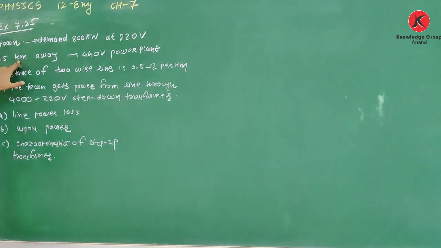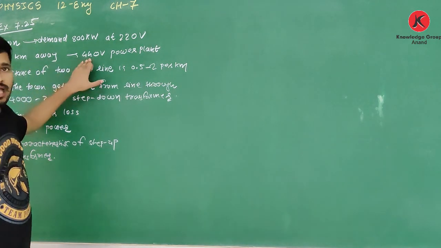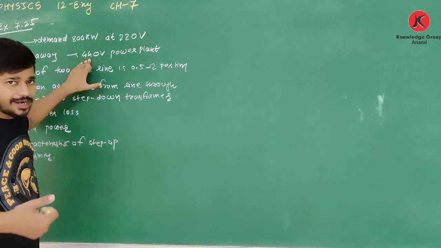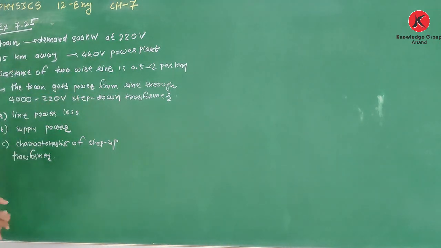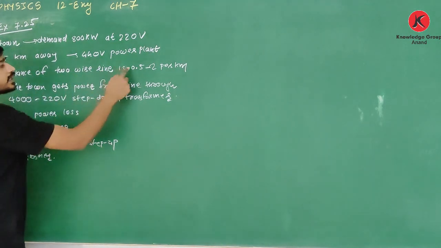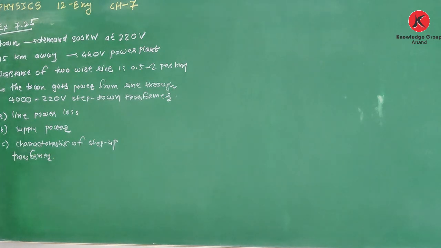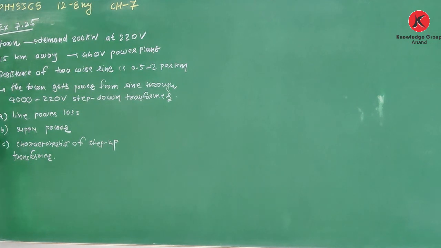It is supplied from a power station which is 15 kilometers away, producing electrical power at 440 volt. The resistance of the 2 wire line is 0.5 ohm per kilometer. The town gets power from the line through a 4000 to 220 volt step down transformer. Numbers of questions are there. First, what is line power loss? Second, supply power. Third, characteristics of step up transformer.